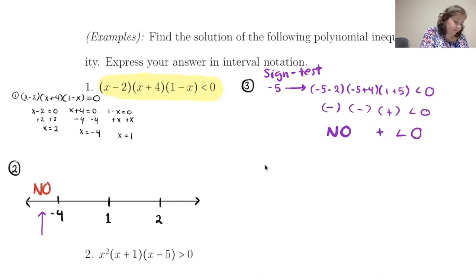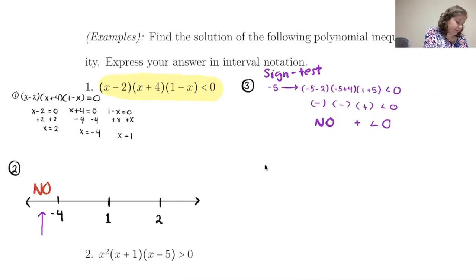Okay? So that is the first interval that we tested, and now we'll go on to the next one. Okay, so we need to pick something in between -4 and 1, and we don't want to pick those numbers themselves. -4 and 1 are not going to give us any good answers. So we're going to pick something in between. So 0 is a good one because 0 is in between there. 0 is always a good number.